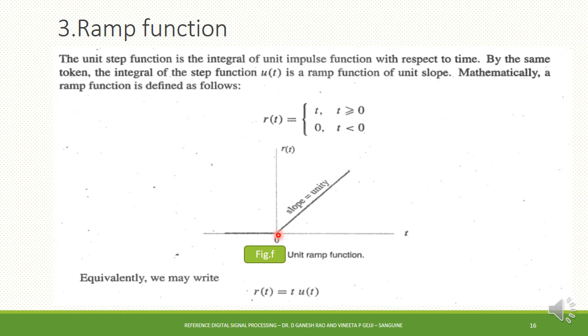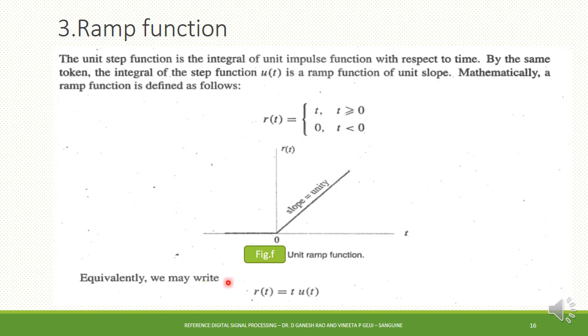So what do we mean by the ramp function? This is how you can remember it: this is your ramp wave. Whenever you get a slope like this, and like this, this is called the ramp wave. Depending on that, try to remember the ramp function. It is denoted as r of t. Its value is equal to t when t is greater than or equal to 0, and equal to 0 when t is less than 0.